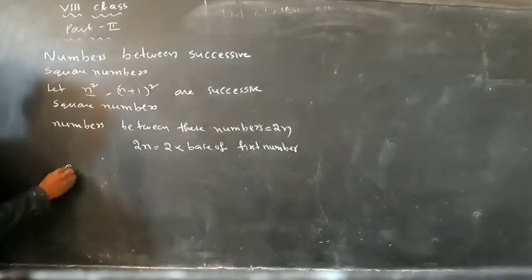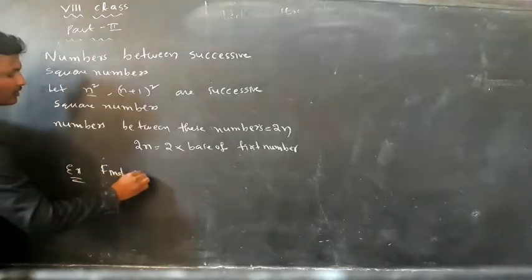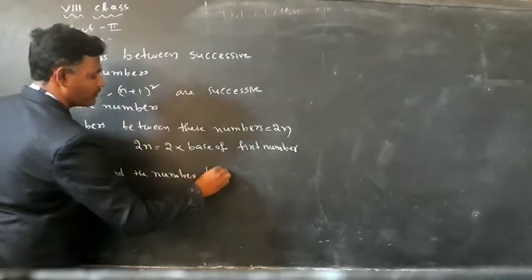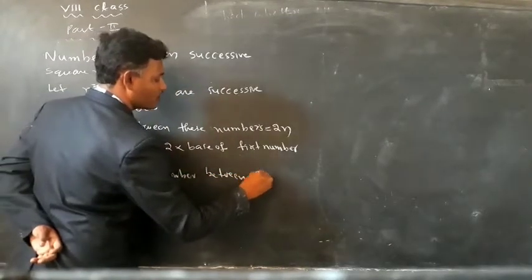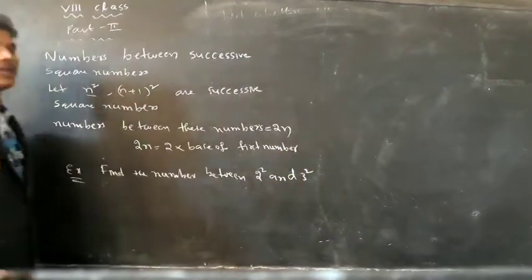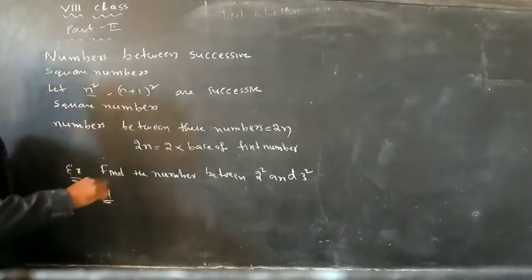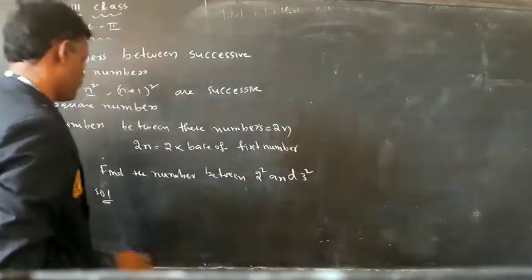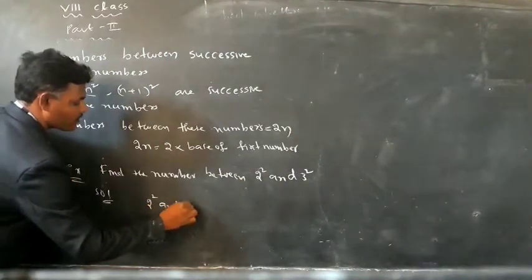For example, find the numbers between 2 square and 3 square. Solution. 2 square and 3 square are both successive square numbers.